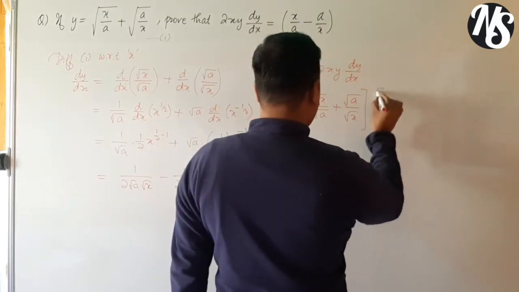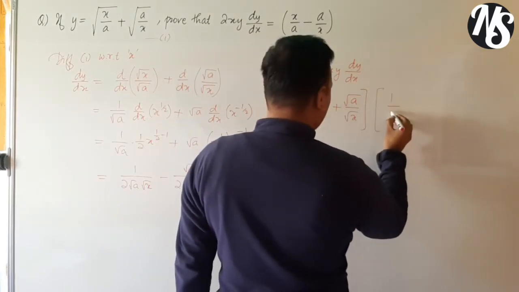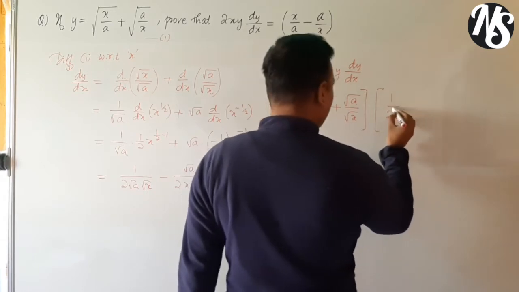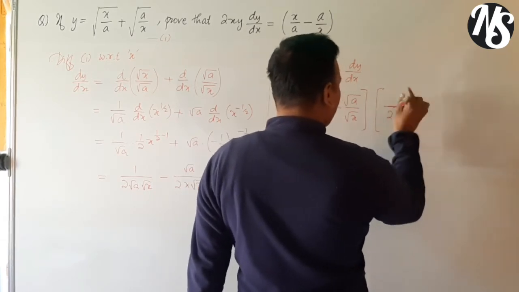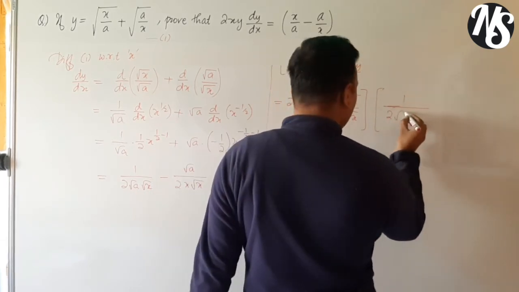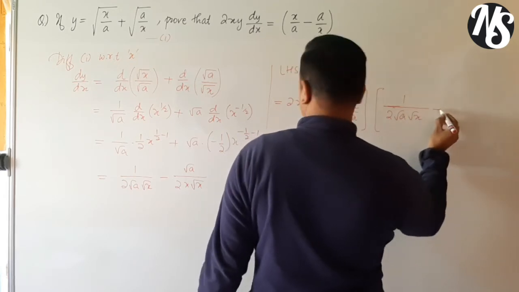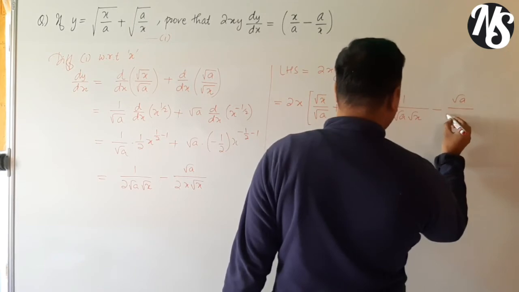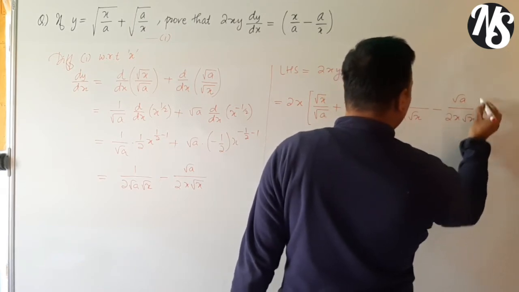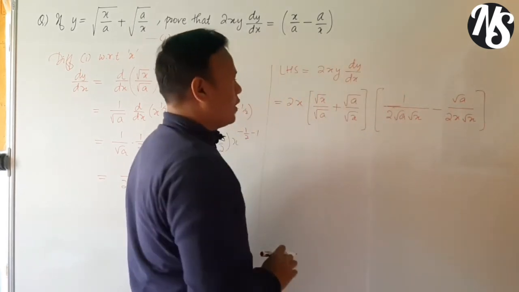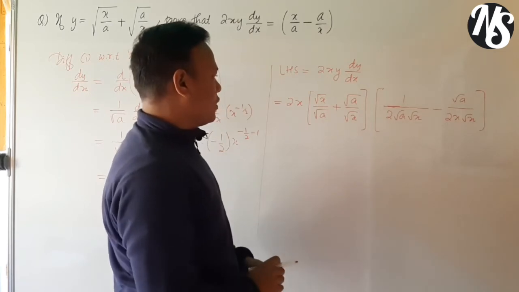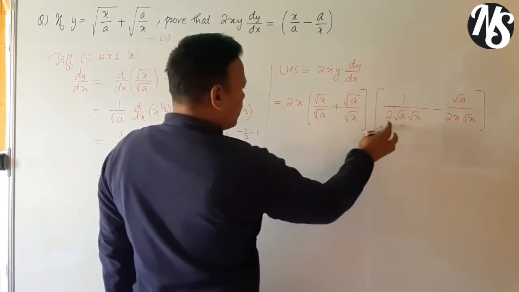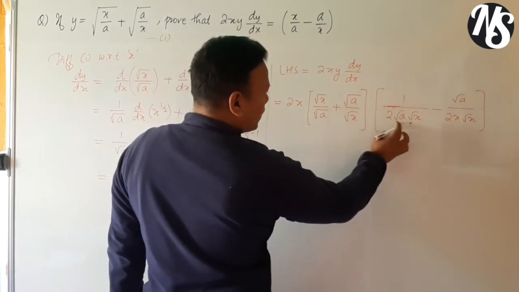So we have 1 by 2, 1 by, so we have square root of a, square root of x minus square root of a, divided by 2x root x. Okay, now you see that this 2, so let's take out 2 common.